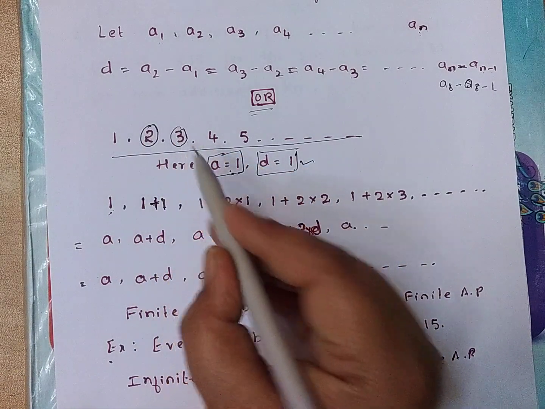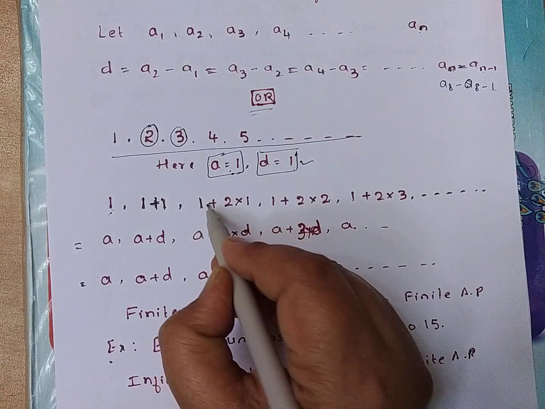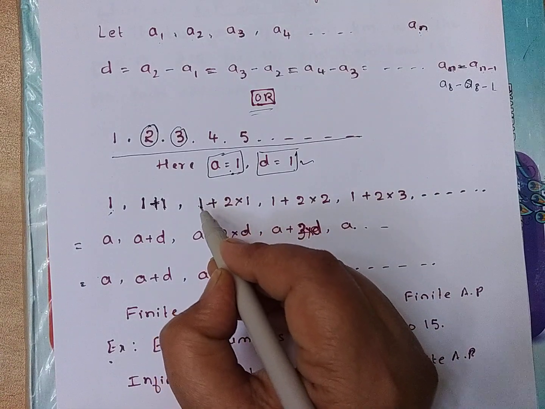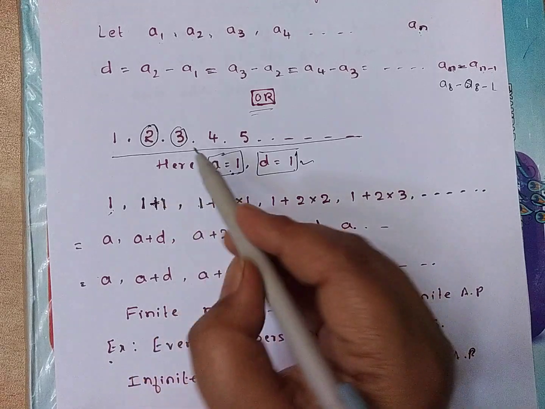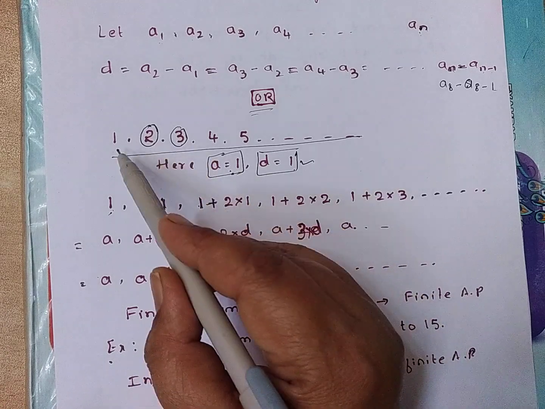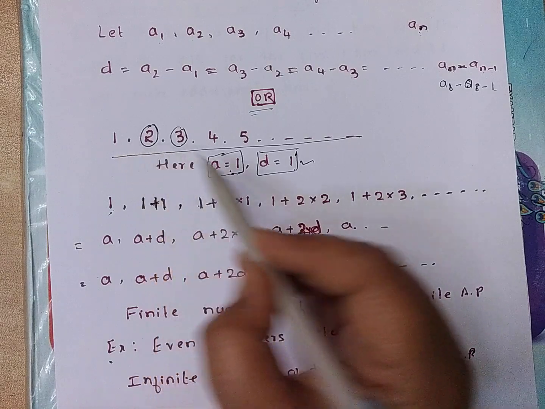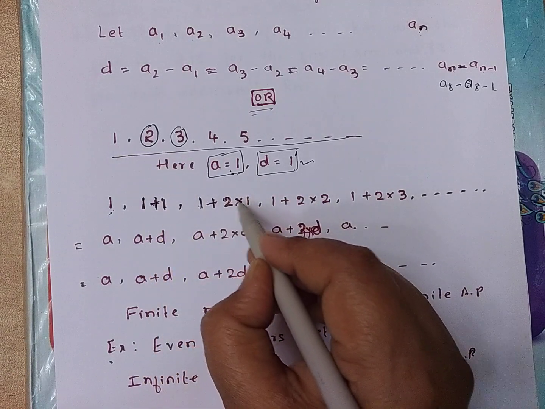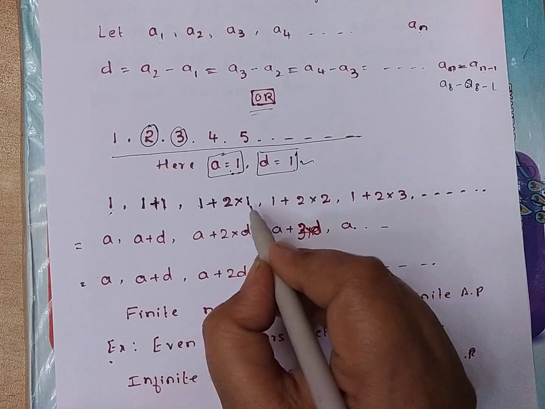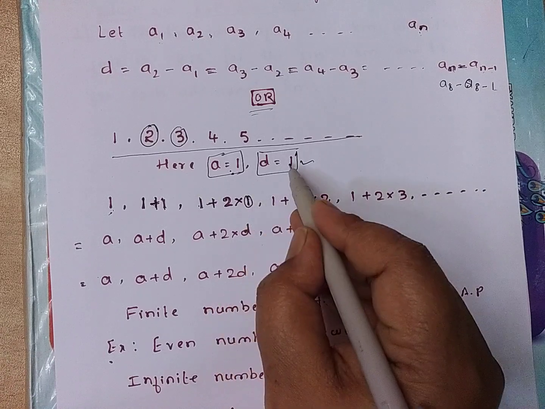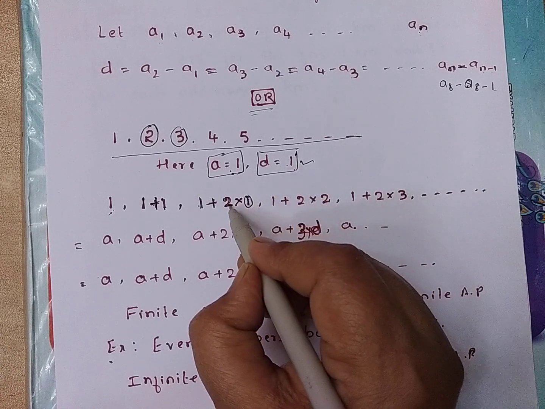For the third term, first term plus 2 into the common difference: 1 plus 2 into 1.